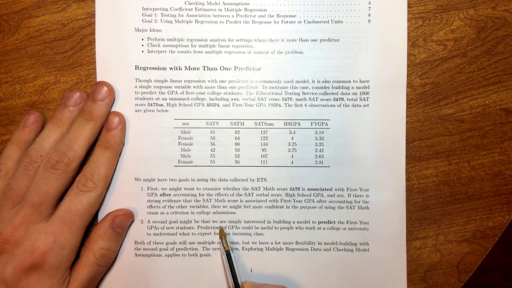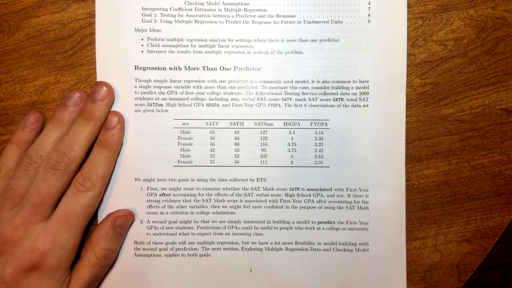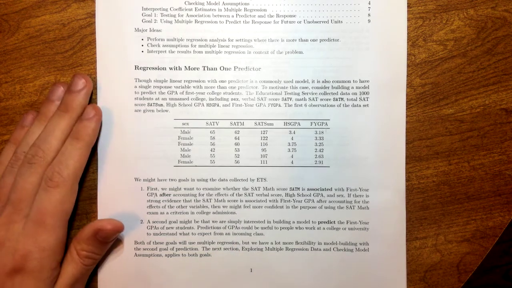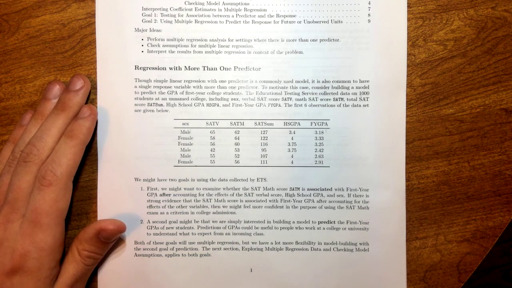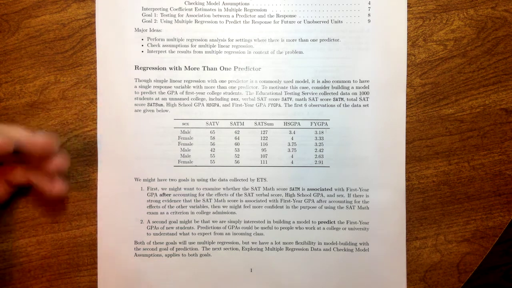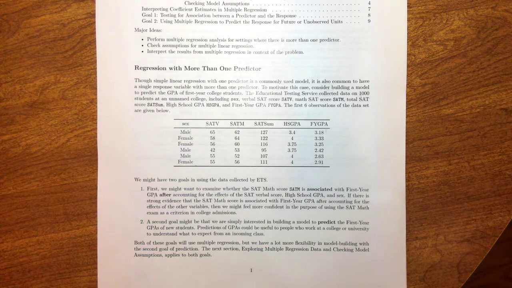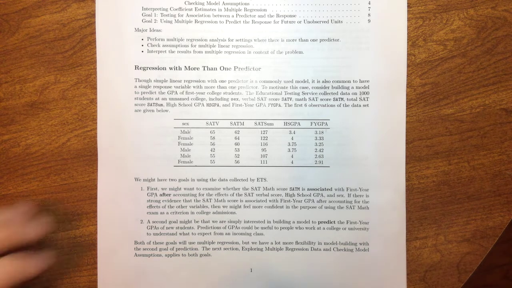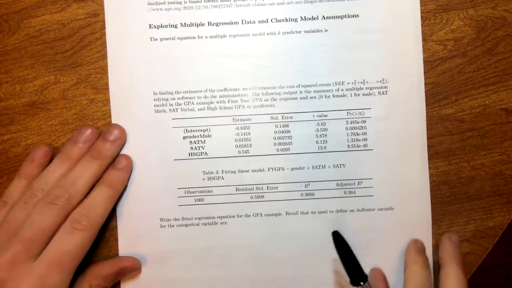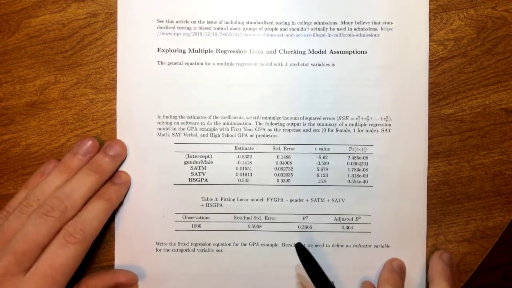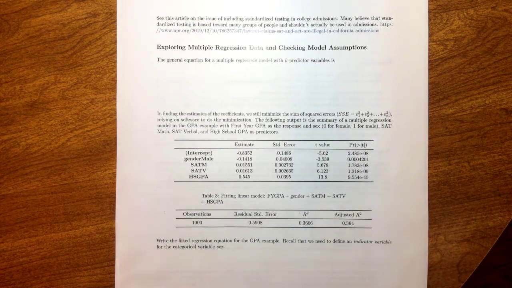A second goal might be that we're just interested in a model to predict first year GPAs of new students. Predictions of GPAs could be useful to people who work at a college or university just to understand what to expect from an incoming class. We'll get into more about those specific goals in a second.